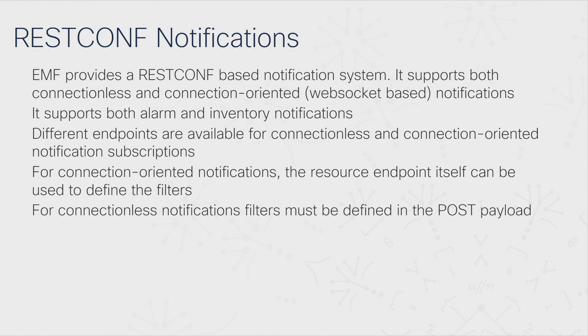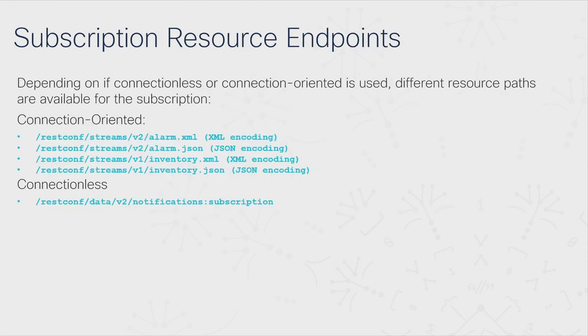While for the connectionless, whatever is required for the subscription is passed through the POST payload. And this is the list of resource endpoints. We have 4 for connection-oriented, 2 per topic, so 2 for alarm and 2 for inventory, and the 2 are different basically depending on the encoding. While for the connectionless, we just have 1 resource endpoint.